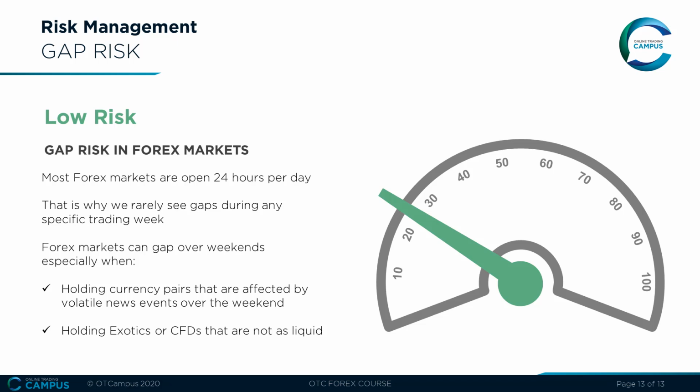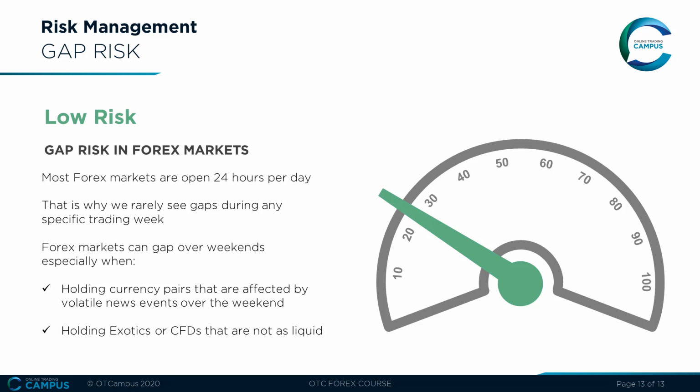This usually happens if there's a scheduled news event, but sometimes this can also be unscheduled and random. Or if you're holding markets over the weekend that are not as liquid, like exotic currency pairs or some CFDs like agriculture CFDs. Therefore, it is recommended to also watch the futures course and familiarize yourself with each of the markets using the demo account before trading them live.